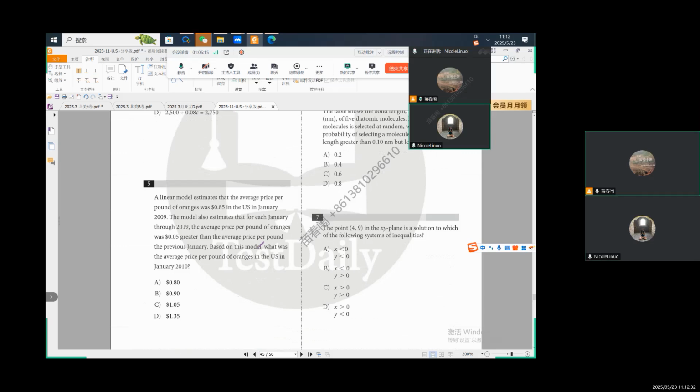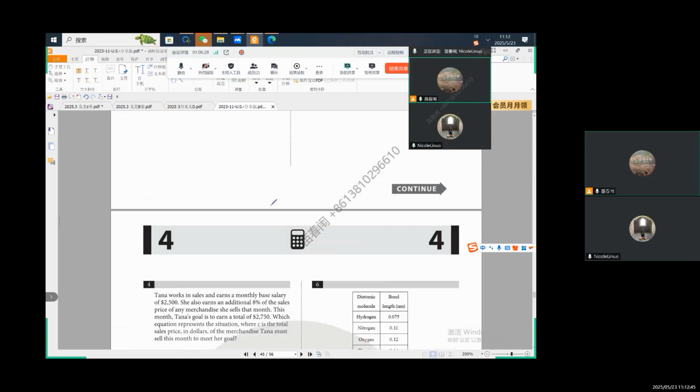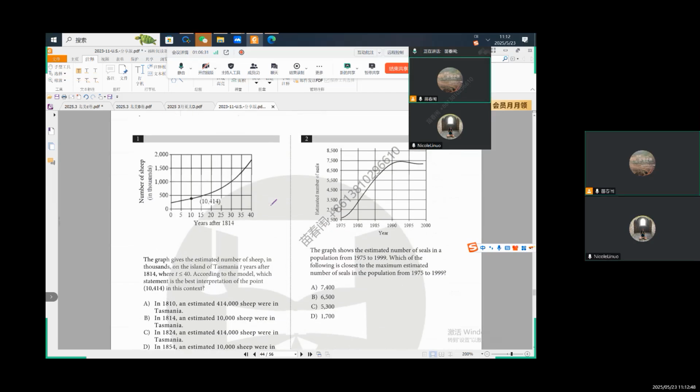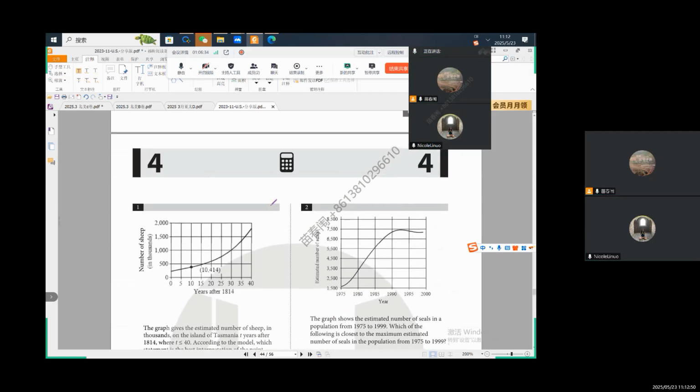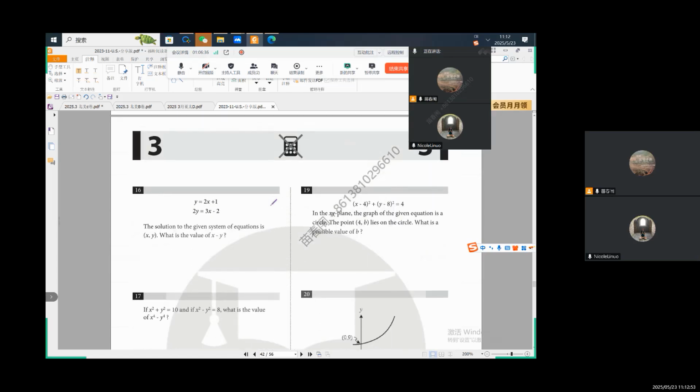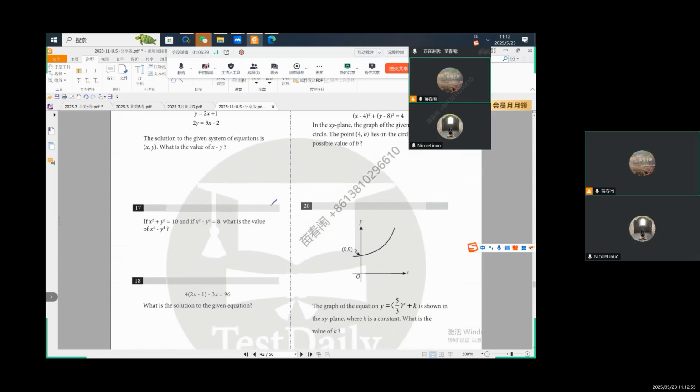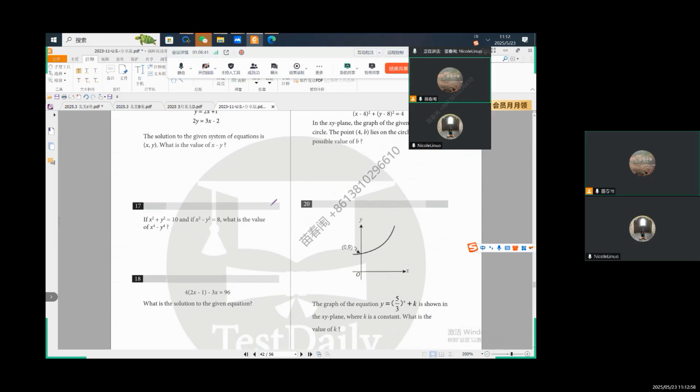Seven. But this one is okay. Yeah. $20. I think it'll be okay too, because essentially K should be 8.